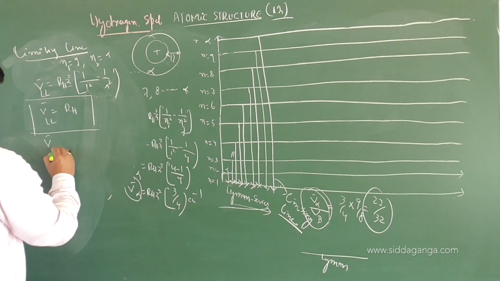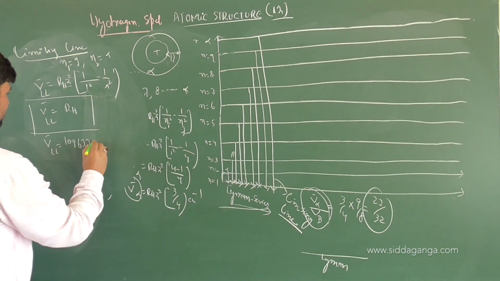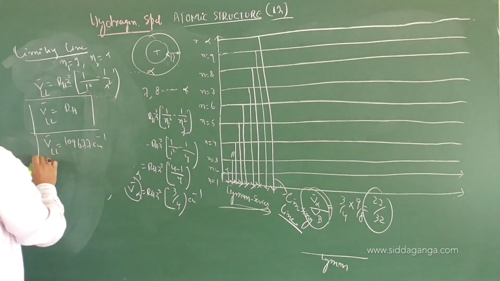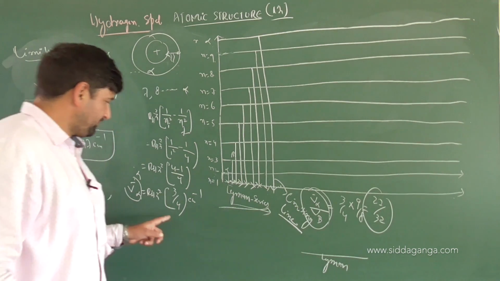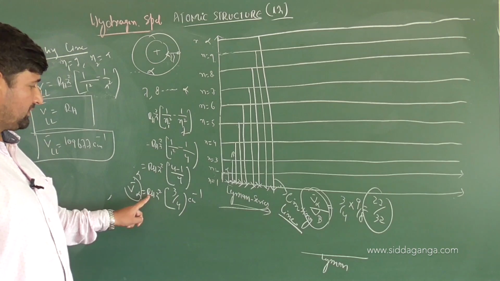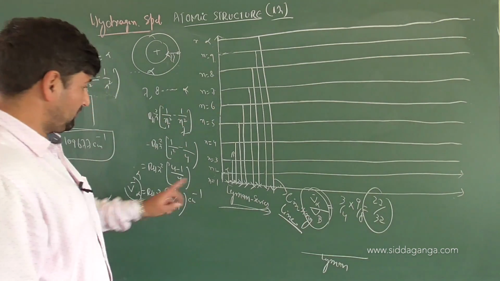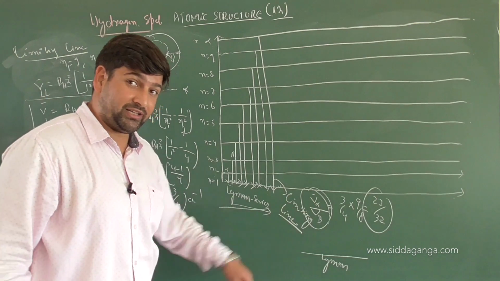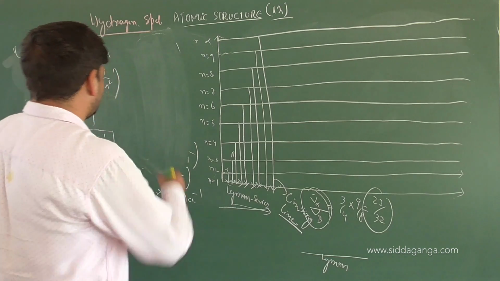So wave number of the limiting line will be 109677 centimeter inverse. You can see that very easily here. So it is 3/4 of RH value for alpha line. What about beta line? We calculated a while earlier, 8/9 of RH. So that's a very good thing that you can also keep in mind.